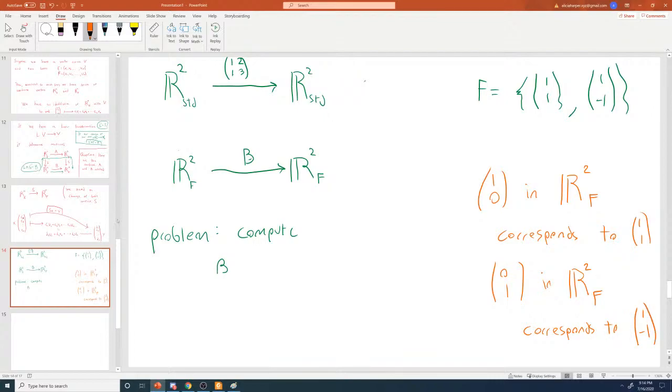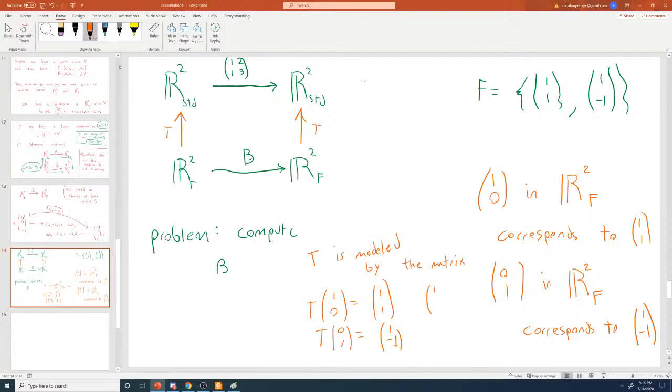So the change of basis matrix here goes up like this. To be consistent with my previous notation, I'm going to call it T. T sends (1, 0) to (1, 1), and T sends (0, 1) to (1, -1), which means T is modeled by the matrix [1, 1; 1, -1].